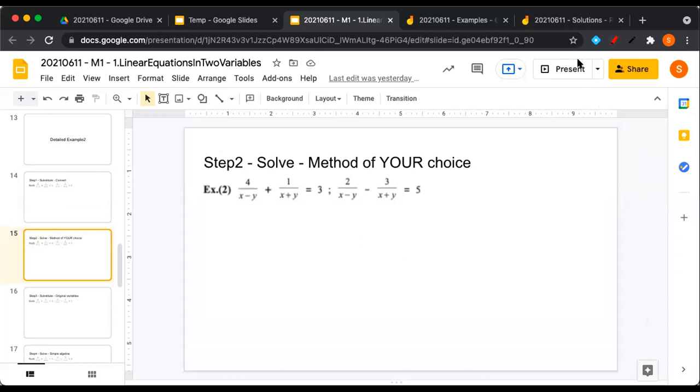Once you solve, then tell me what values you are getting for m and n.